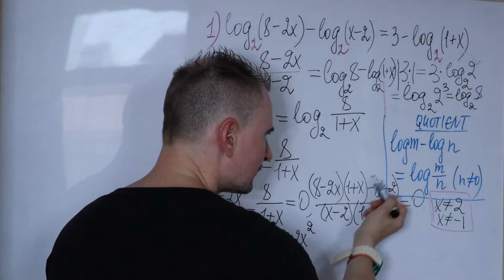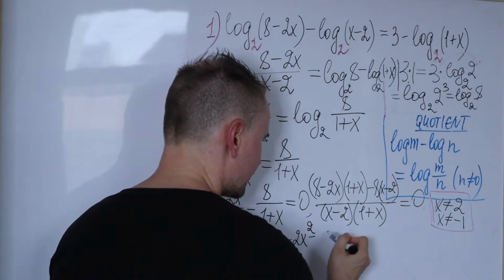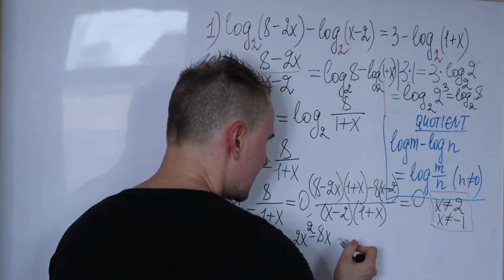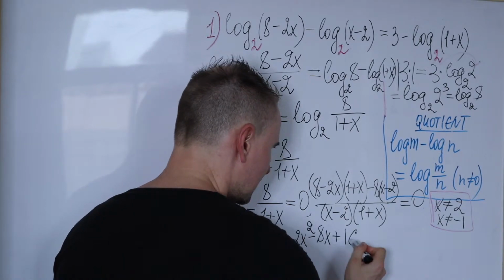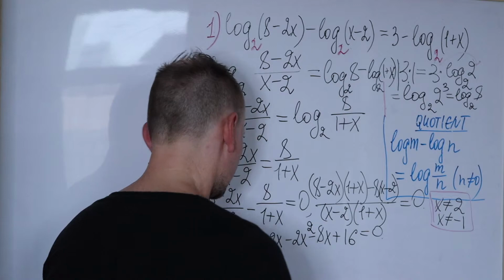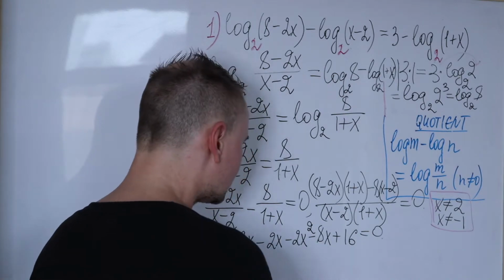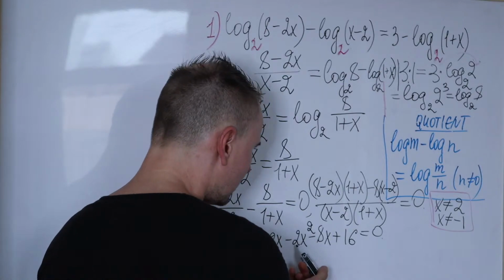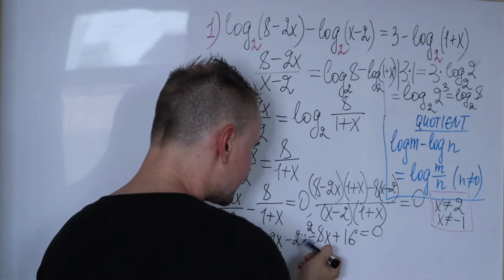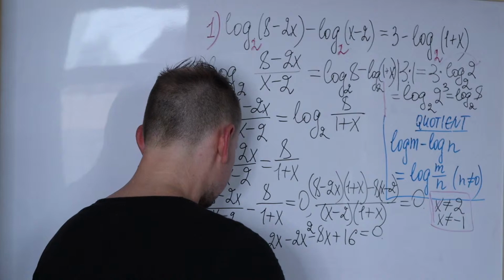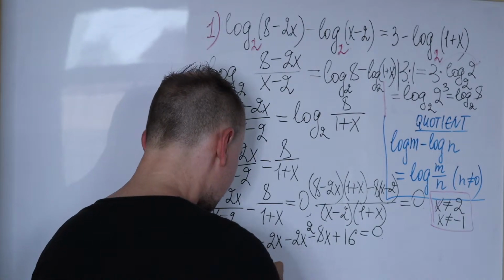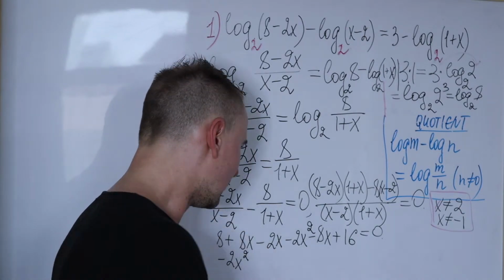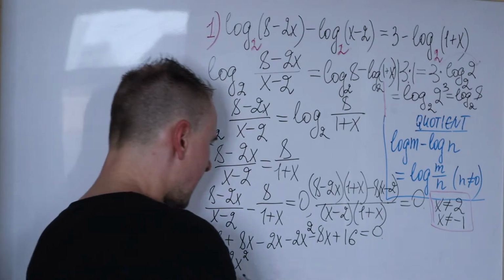And I'm going to open up parentheses over here, so minus 8x plus 16, and that equals 0. And again, you need to combine like terms. So negative 2x squared, I'm going to rewrite it as a first term, since it holds the highest power, the second power.